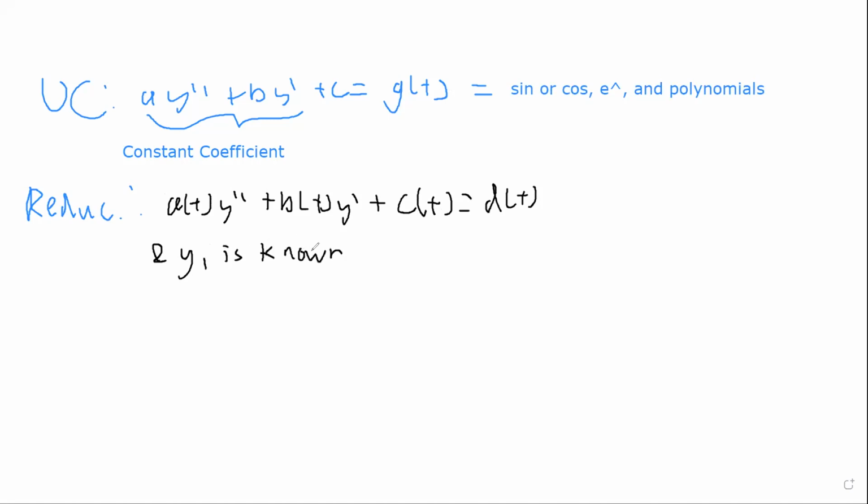So using reduction of order is convenient when you have some crazy looking equation, but you know one of the solutions. In fact, it's basically the only thing you can do when you only have one of the solutions. So that's when you use reduction of order.